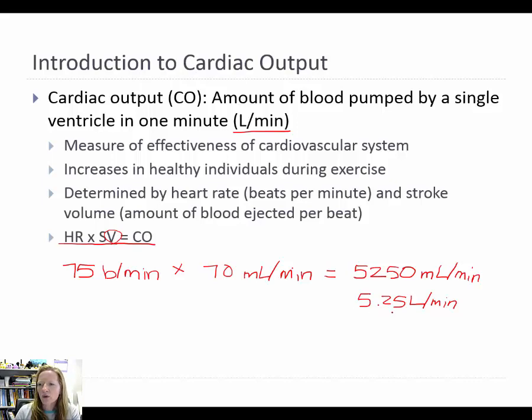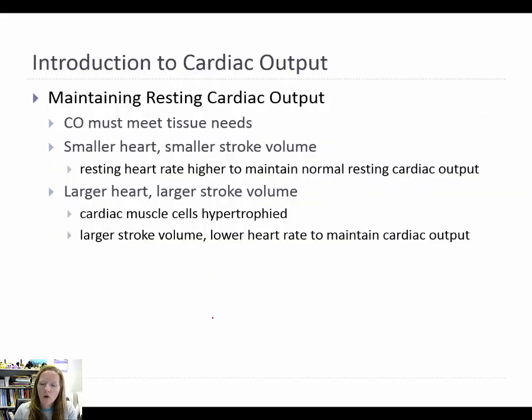And remember, this is definitely going to change from individual to individual, and of course with circumstances, like how it's going to increase during exercise. What about resting? The main thing is we need to maintain the minimum, or resting, cardiac output of about 5 liters per minute, because that's the amount the tissues need in order to survive.